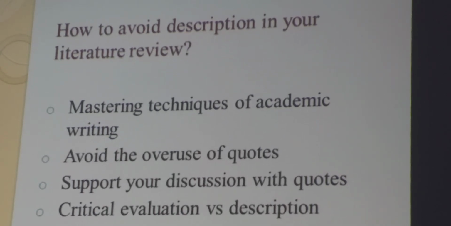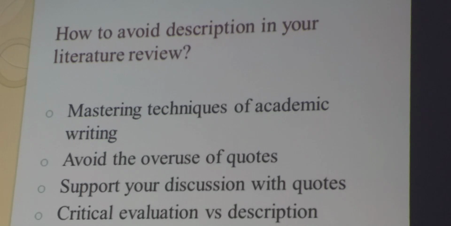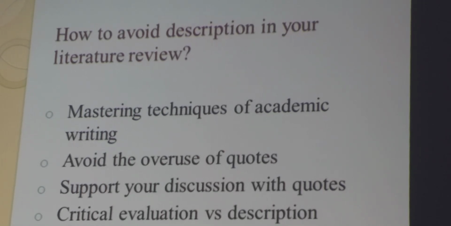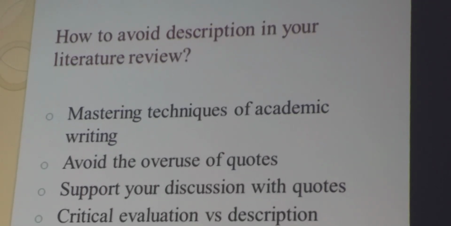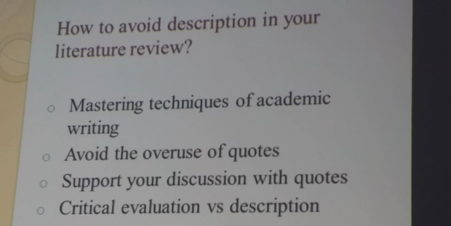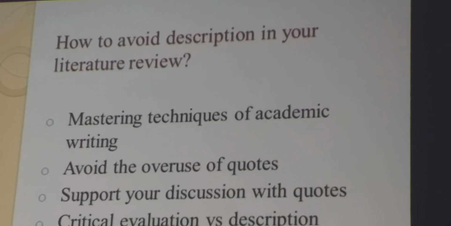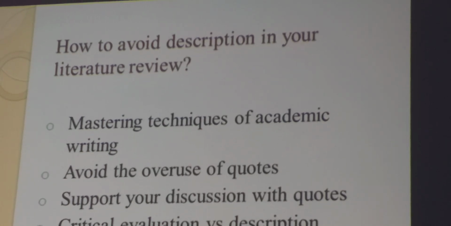In case your quoting exceeds 30% of your whole work, you are leaving no place for your voice as a writer. This means that you shouldn't depend on quotes, but rather use them as a support to your discussion.